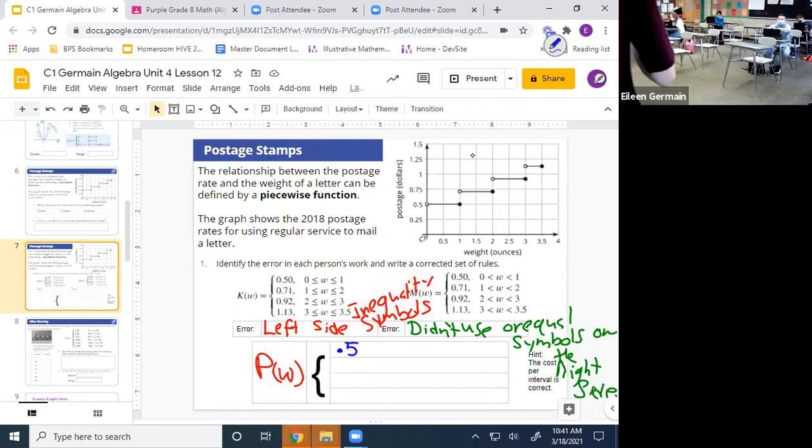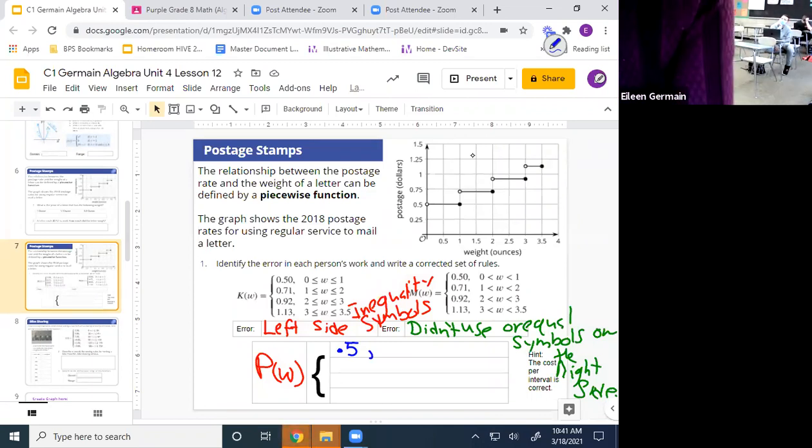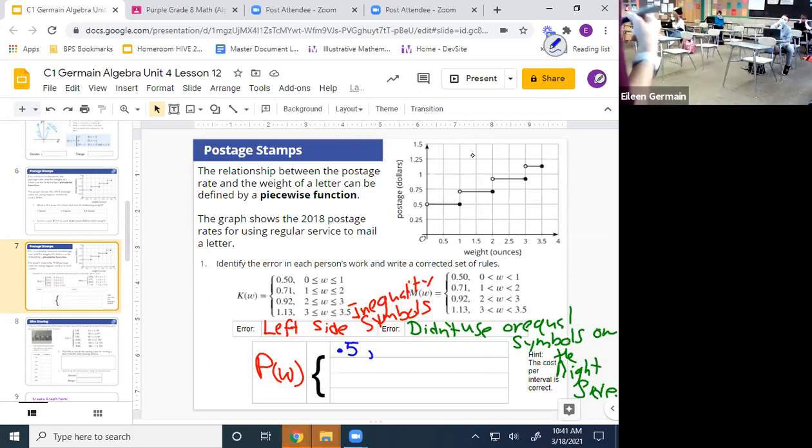Okay, and then we put a comma, and then we write the interval, the domain interval that it falls in and is going to be equal to that value. What is the domain interval that it's going to be equal to that value? What did you put there, Max? 0 is less than W is less than or equal to 1.